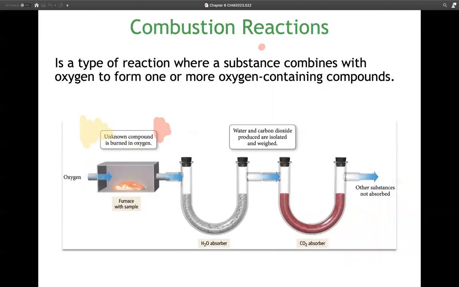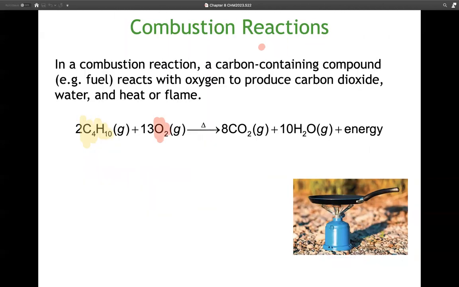And notice that particular chemical reaction is balanced, right? For every 2 moles of butane, we need 13 moles of oxygen, and it will form 8 moles of carbon dioxide and 10 moles of water. If you count the number of atoms on the reactant and the product side, it's balanced. We have 4 carbons here, and 1 carbon there.